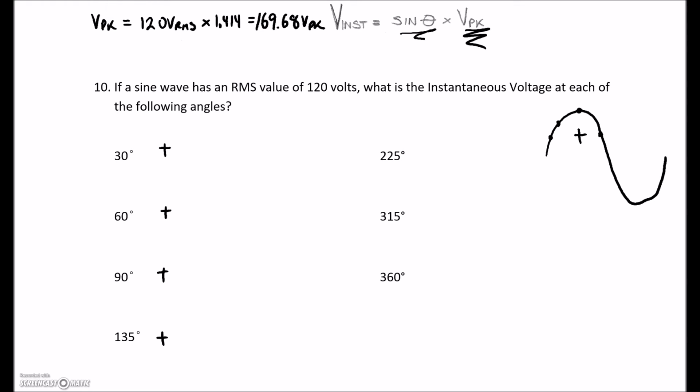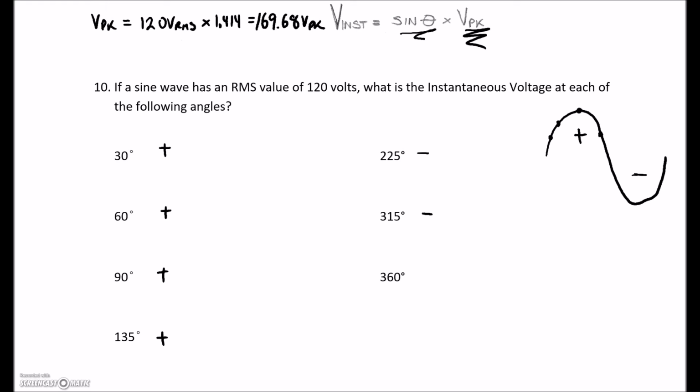Okay? But once I get past this 180 degrees, then all the other values are going to be negative. So 225 is going to be a negative, right? 315 is also going to be a negative, and then 360, again, that's just arbitrary. That's going to give us that zero potential as well, right?